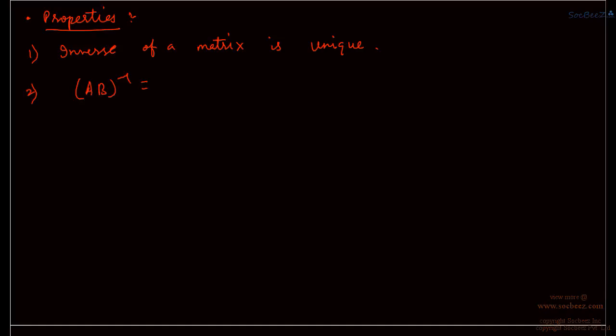Similarly, now the reversal law works here as well, right? As in the case of transpose. So if I multiply A and B and I take its inverse, it's the same thing as B inverse A inverse. And A inverse then transpose is the same thing as A transpose and then inverse.